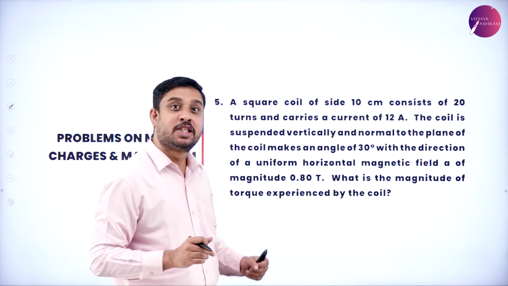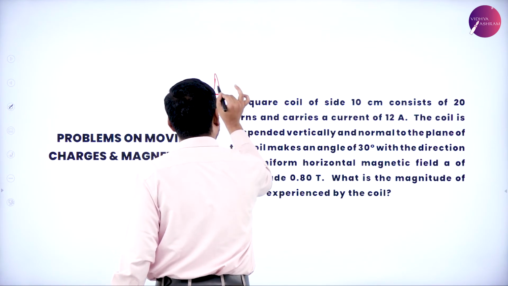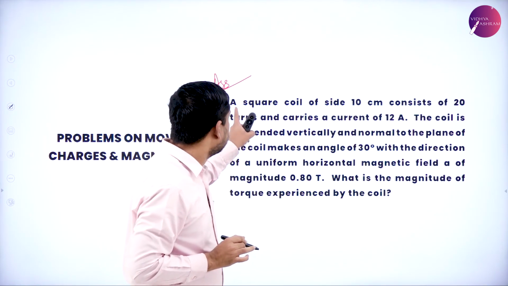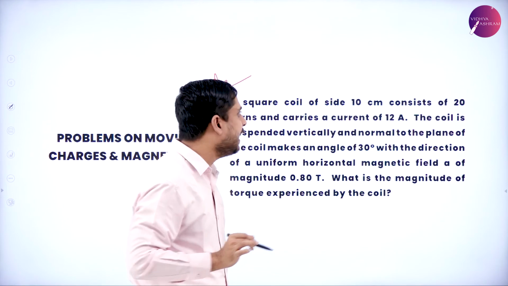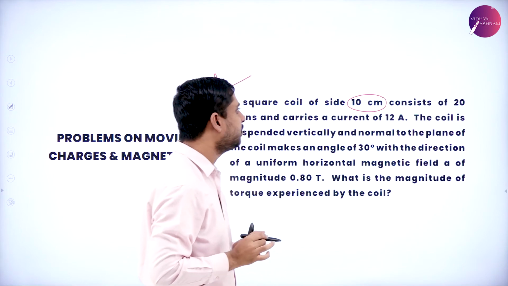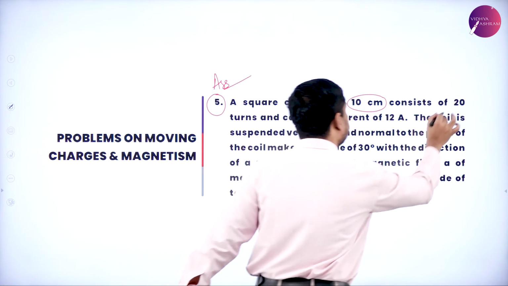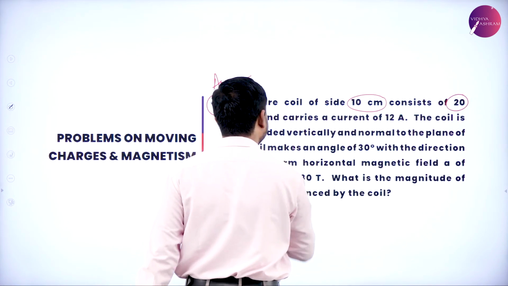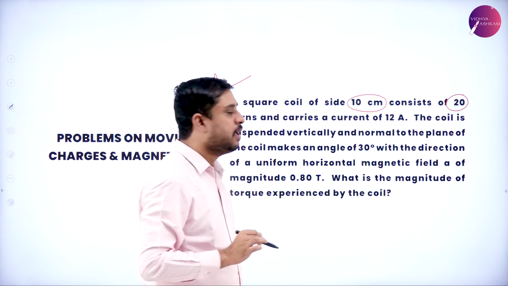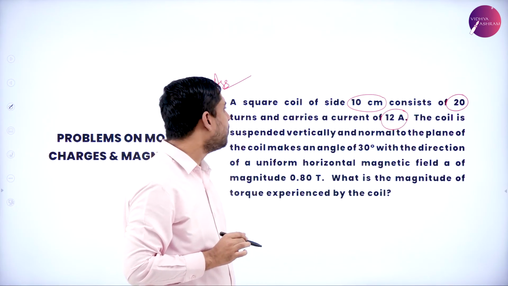The last one, which we have already done. This is an assignment for you all. A square of side 10 centimeter consists of 20 turns. Number of turns is 20 and carries a current of 12 ampere.